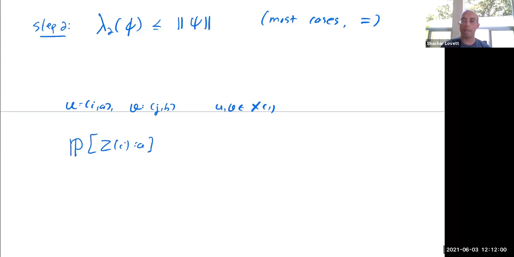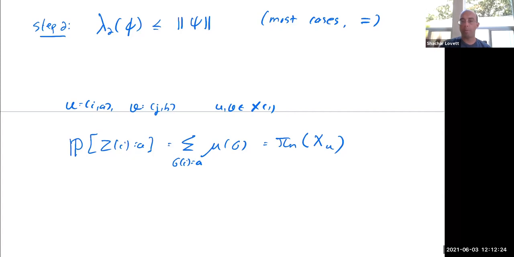What is the probability that Z of i is a? It is exactly summing up all the probabilities: the sum over all sigma where sigma of i is a. I'm claiming this is exactly going to be pi n of X u.